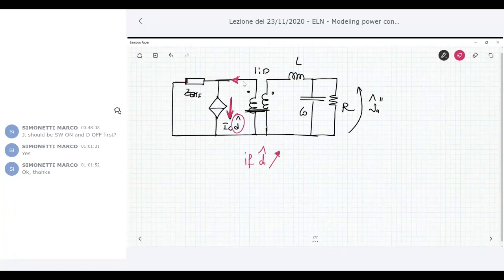So much more current is absorbed from the primary, and therefore from the secondary side, because they are linked in a transformer.